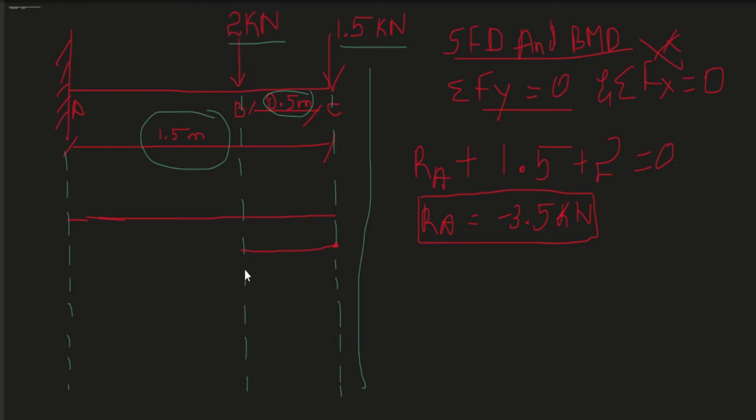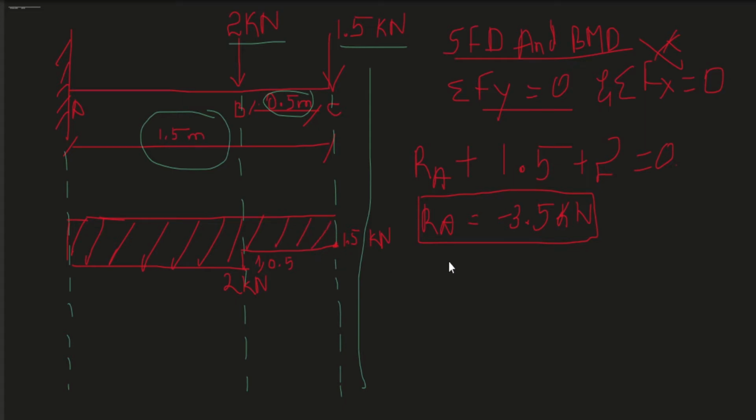Here the total is actually 2, but here it is 1.5, so I just need to increase this by 0.5. So 1.5 plus 0.5 you will get 2 kilonewton. It will increase and it will be constant till the end. So I'm going to mark this.